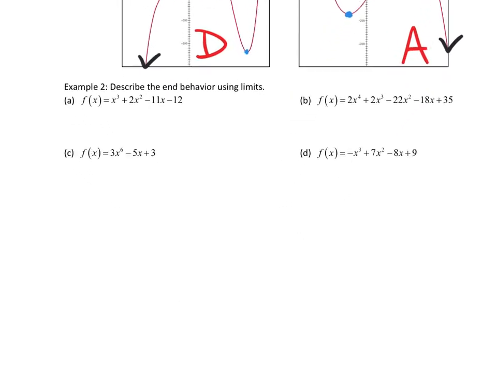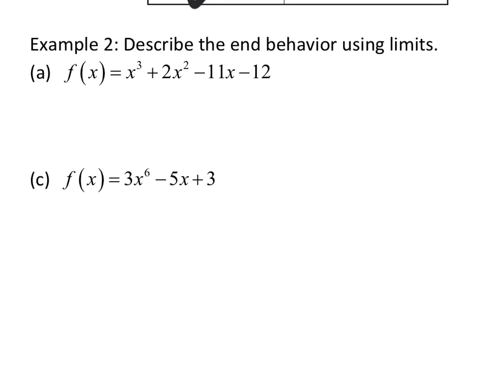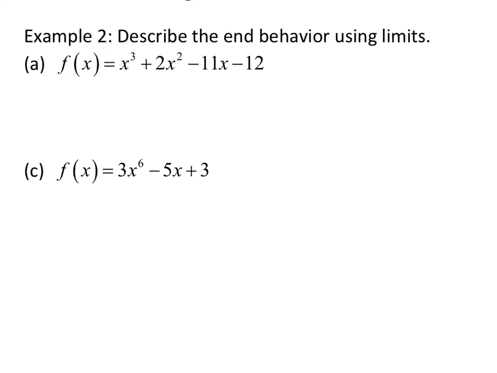So let's back up a little bit and talk about our end behavior using these limit statements so we can get more used to them. If we look at A, 2 things we have to know: its leading coefficient and its degree. This is a degree 3 polynomial. That's its highest exponent, which means its leading term is 1 x cubed, right? And that's greater than 0.